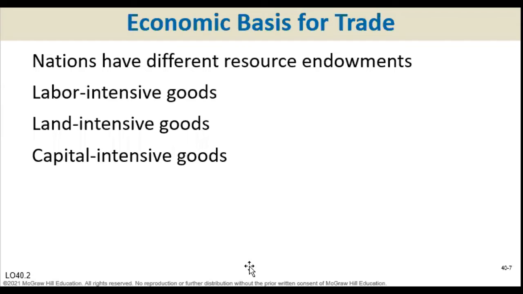The second fact is that not all nations have the same degree of technology. The US is capital oriented and has more technology than other countries, and vice versa. The third fact is that people have different preferences.